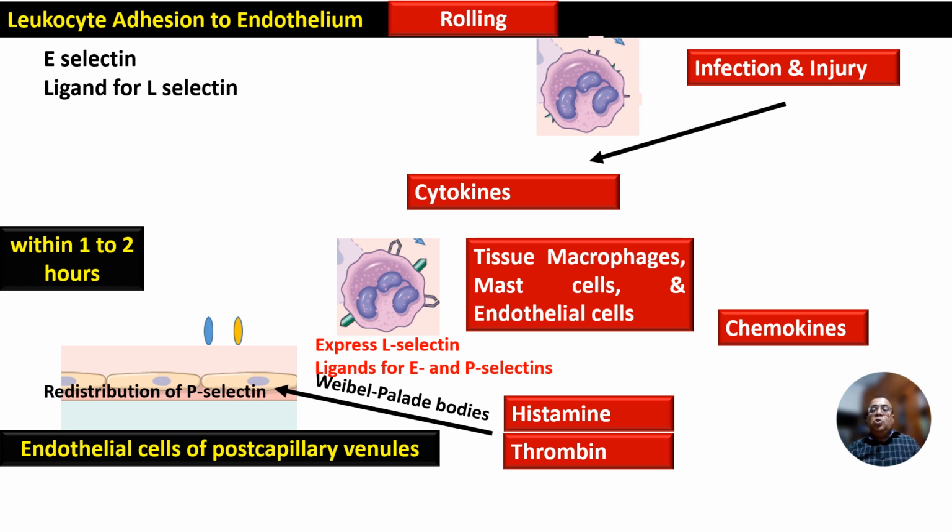These are low affinity interactions, and they can detach with a faster flow. So the bound leukocyte can detach with the faster flow, and they can then bind again. And so the process of rolling starts along the endothelial surface.